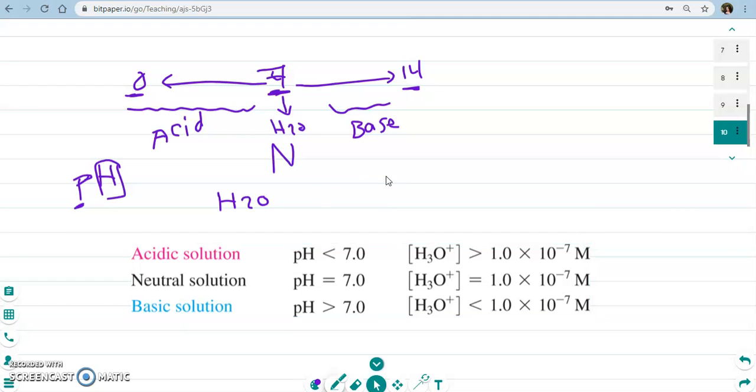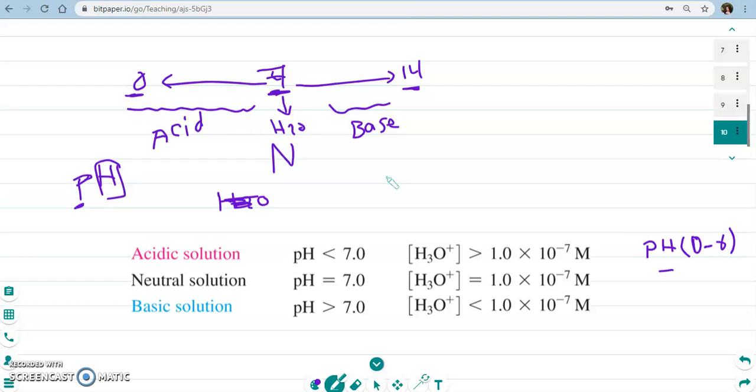If they said the pH is between 0 to 6, anything under 7, here is acidic.